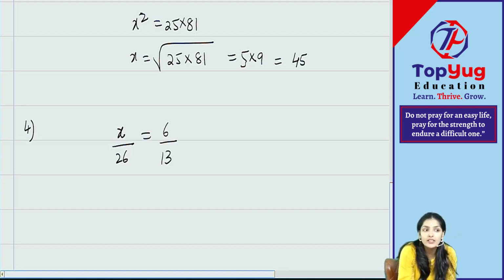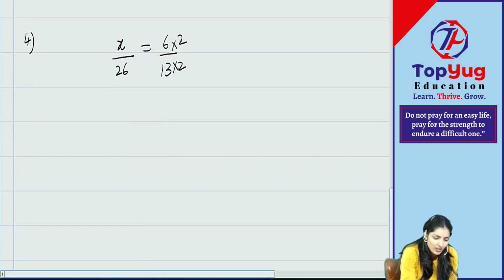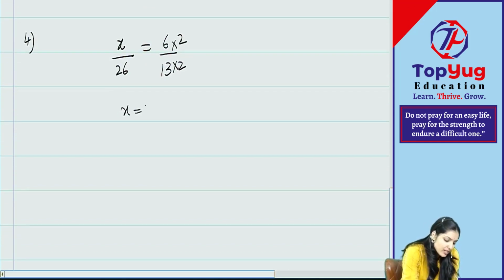So 26 to 13, how many times? 2, sir. So when you are multiplying by 2 in the denominator, you have to do the same in the numerator also. Did you understand? So into 2, or you do the cross multiplication, whatever you feel like doing. So x is equal to 12.